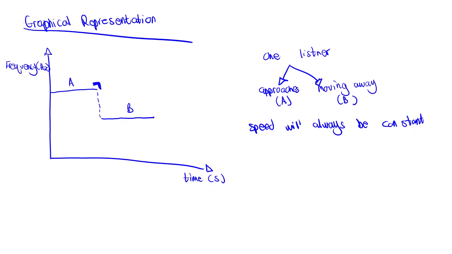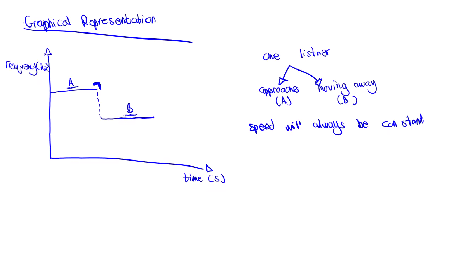The moment the car passes me, it means that the frequency I'm going to be observing is now going to be less than the frequency of the source of sound. Therefore, that's why part B is less than part A, because in part B, my vehicle is now moving away from me, whereas in part A, my vehicle is moving towards me, right? So I hope you guys understand what's going on, right?